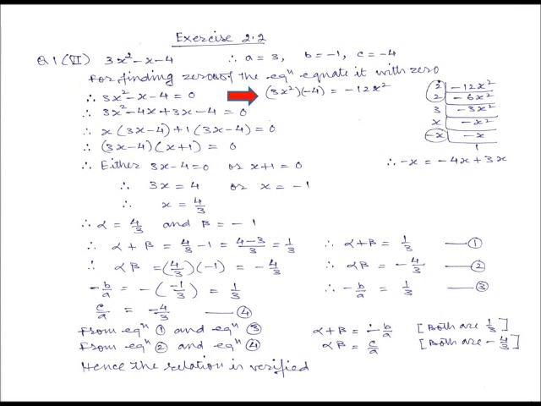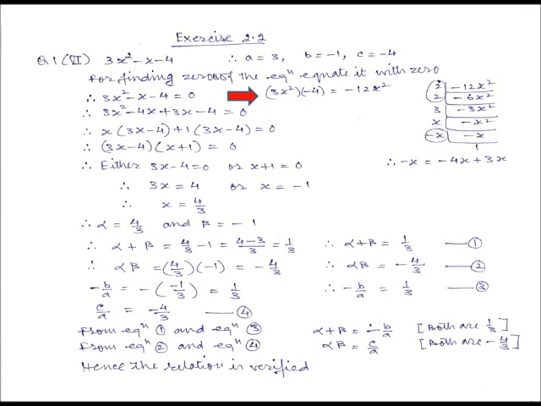By multiplying the extremes of the equation, we get 3x square into minus 4 is equal to minus 12x square. Now, we will get the factors of minus 12x square, that comes out to be 2 into 2 into 3 into x into minus x. Therefore, we will convert minus x into minus 4x plus 3x.